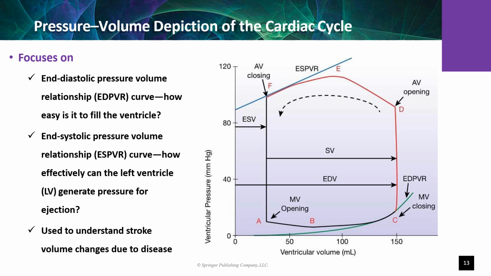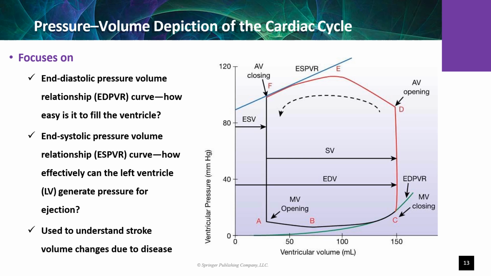At this point, the ventricular pressure rapidly builds, but the volume does not change, as it does not exceed the aortic pressure. For point D, the left ventricular pressure exceeds aortic pressure, and the aortic valve opens, beginning ejection.